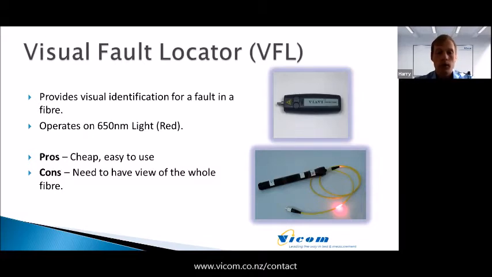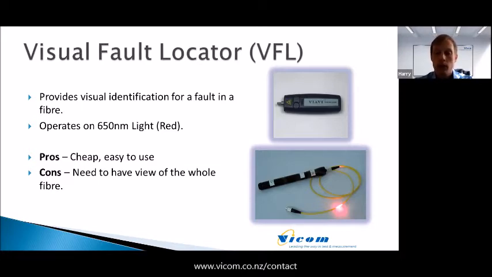In very crude terms, think of a VFL as just a red laser pen. You can use it for two main things, and the first one is fiber identification, and the second one is basic fault finding. In fiber identification, an example of this would be you have 10 patch leads running out of a wall recess. They go into the wall recess, down the hallway or corridor to a patch panel, come out of the wall recess by the patch panel, and you want to identify which fiber you're connecting to which particular port.